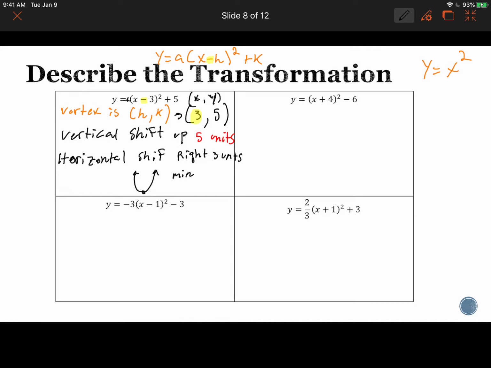Taking a look at this, my vertex is (-4, -6). And let's take a look to see why. Inside the parentheses in my vertex form equation, I have x minus h.